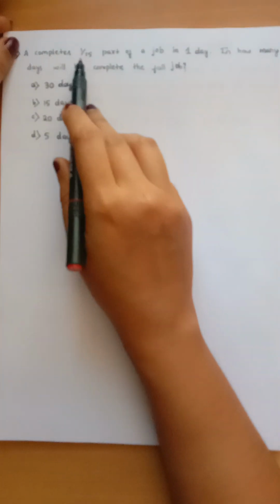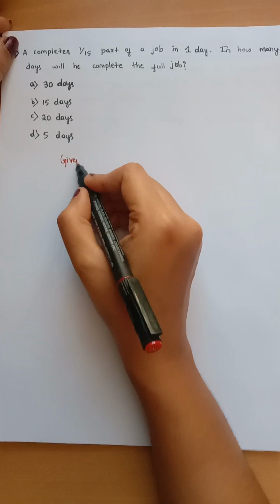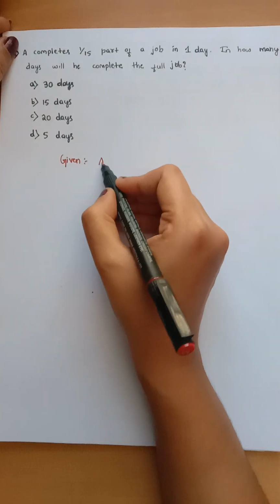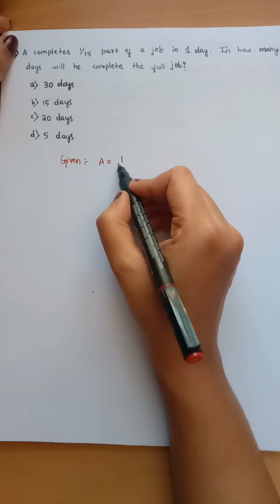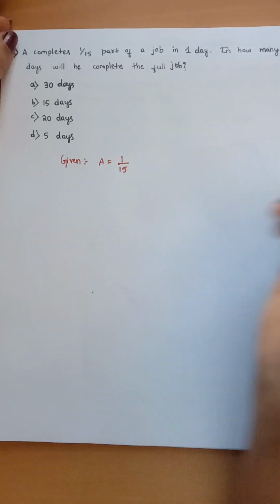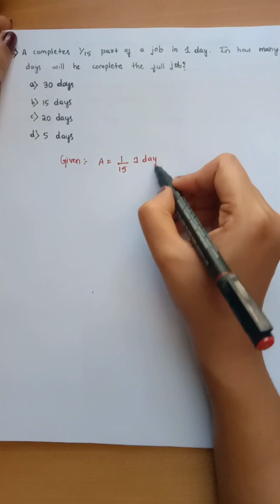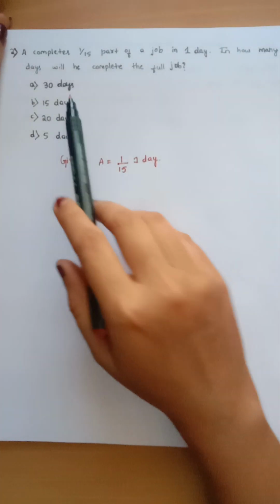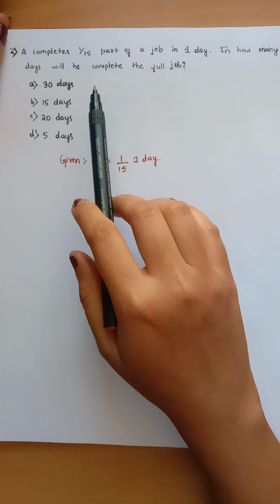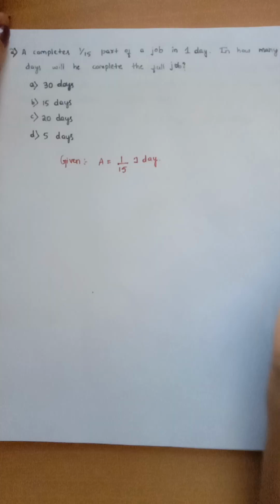They are telling that A has completed 1 by 15 of the task in one day. And they are requesting to find the days he might have taken to complete the full job.